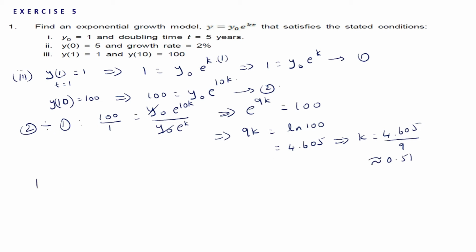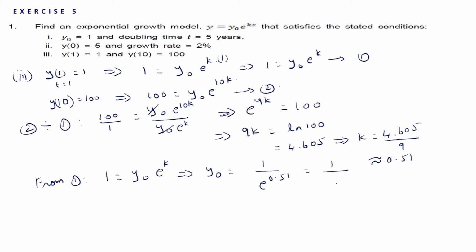Now from 1 we can find y0. From 1 equal to y0 into e raised to k, so from here we have y0 is equal to 1 by e raised to k, that is 0.51.